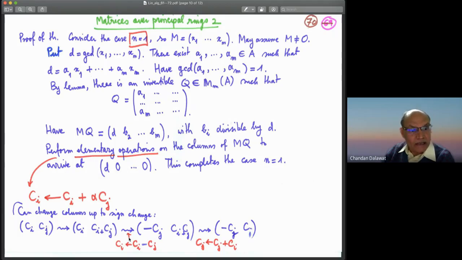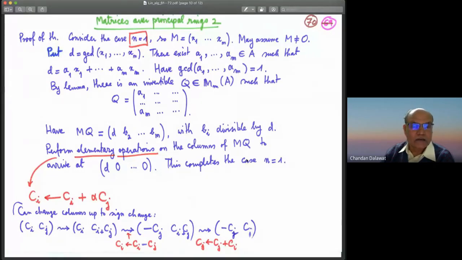And now I apply the column operation which replaces the ith column by the ith column minus the jth column. The jth column is now Ci plus Cj. So I'll get minus Cj here and Ci plus Cj here. Then I can replace the jth column by the jth column plus the ith column. So the ith column remains the same, and the jth column becomes Ci plus Cj minus Cj, so it becomes Ci. Ci and Cj have got interchanged, but there's a minus sign here.